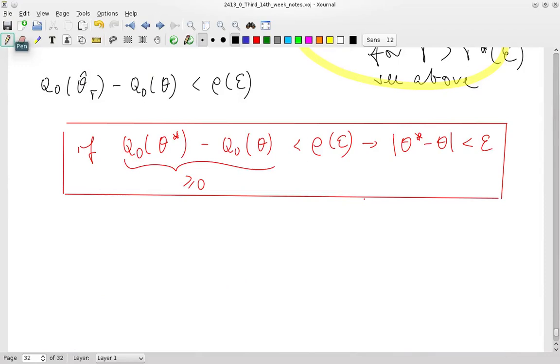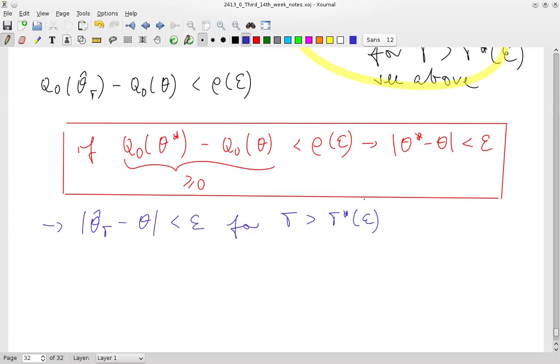But what we then can conclude from this red result and compare it with the black result that we have up there is obviously what should be the case, that theta hat t should be closer to the true parameter value in epsilon terms than epsilon for sample sizes t bigger than t star of epsilon. And that is basically what the proof states.